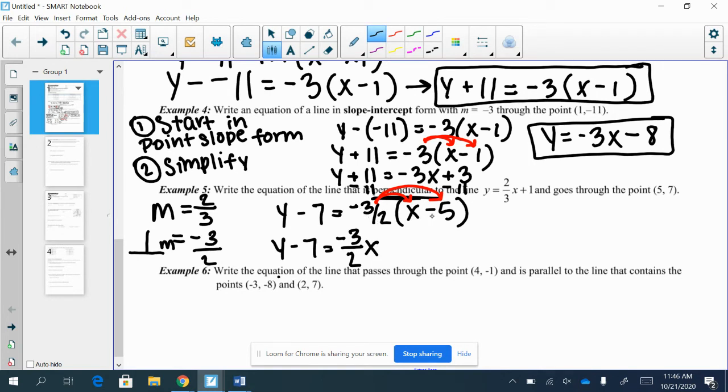Negative 3/2 times negative 5 ends up being plus 15/2. And then we have to add 7 over. So y is equal to negative 3/2 x. 15/2 plus 7 ends up being 29/2.